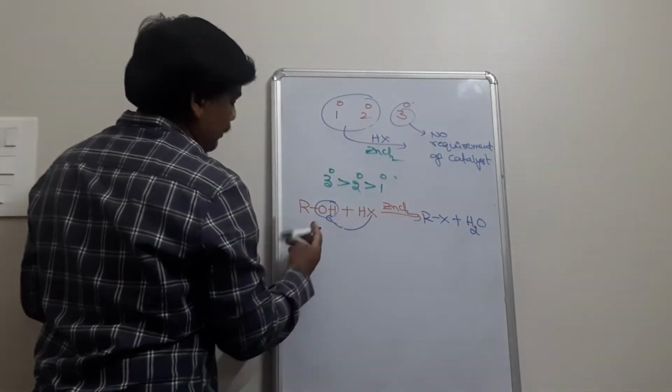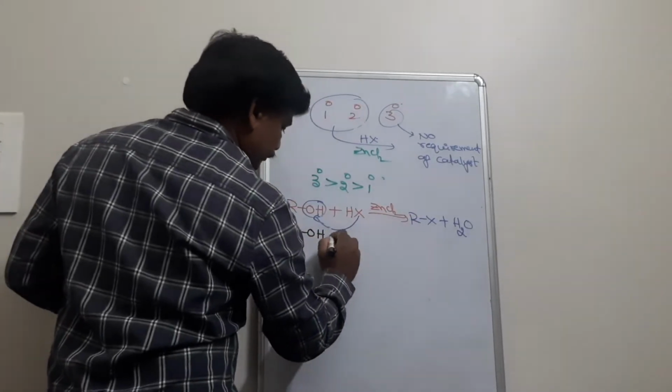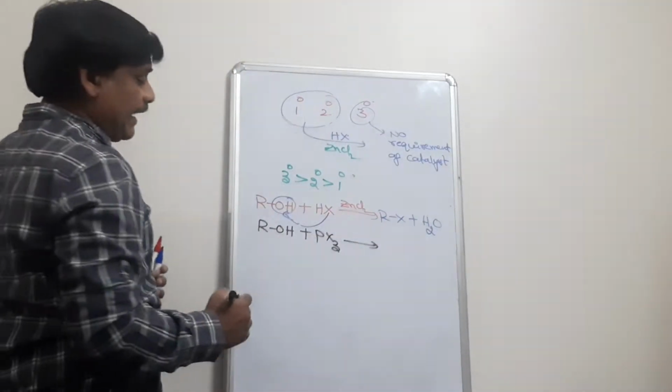And the second preparation method is ROH plus PX3, that is a phosphorus trihalide.